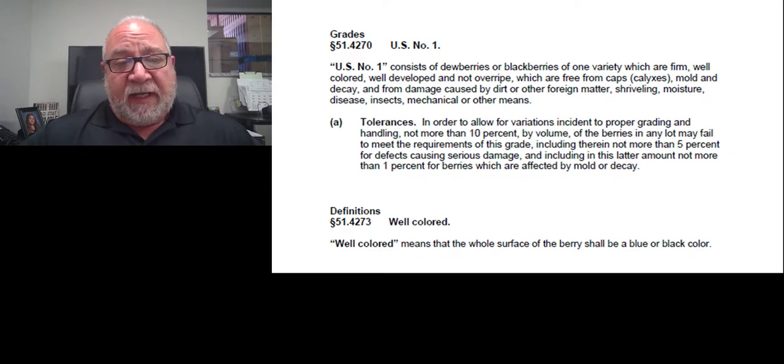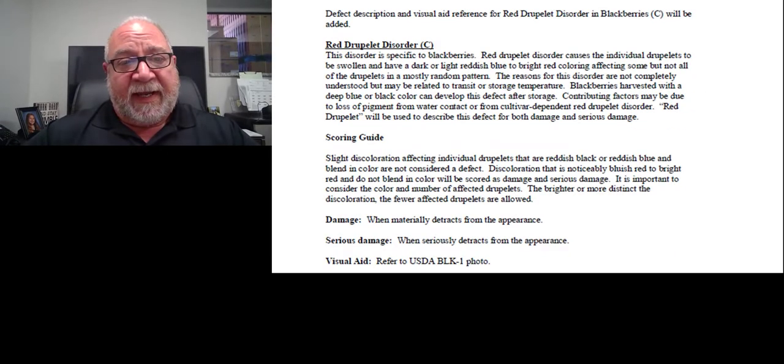So I even put the definition of well-colored. What the USDA means by well-colored is that the whole surface of the berry shall be blue or black in color. Because they know that it is a problem in blackberries, they even have a special section for red drupelet disorder in blackberries.